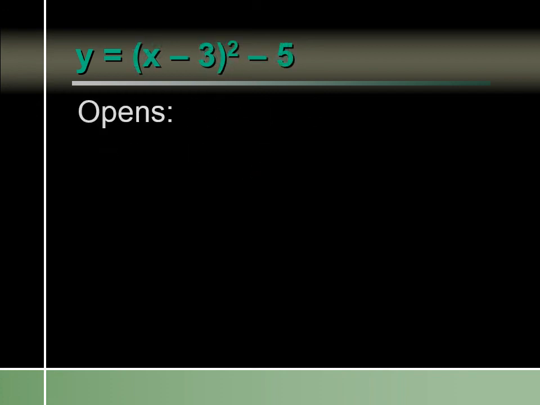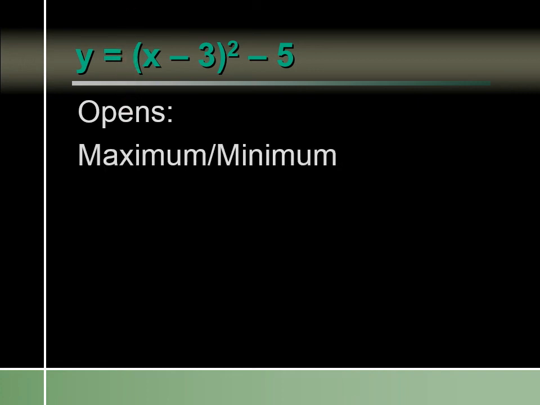So now I can figure out, how does it open? Well, if my new equation in vertex form is y equals (x minus 3) squared minus 5, I have an a value of that imaginary 1, which is positive, which means that my parabola is going to open up. And that means if it's opening up, it's going to have a minimum point.